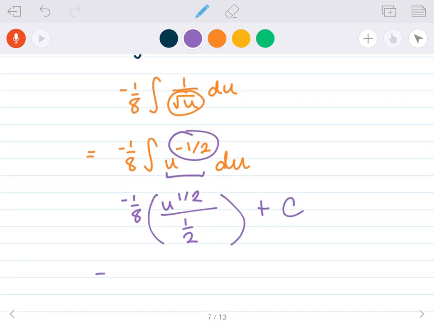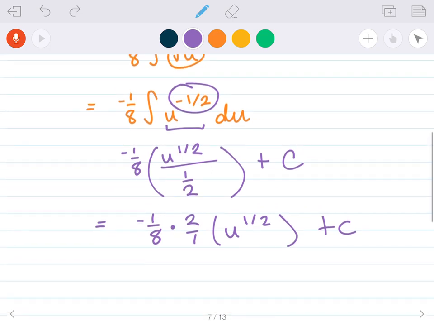All right, so this is the same thing as negative 1 over 8 times 2 over 1 times u to the 1/2 plus c, right? Dividing by 1/2 is the same thing as multiplying by 2 over 1. And when I multiply these fractions together, that simplifies to negative 1 over 4 u to the 1/2 plus c.